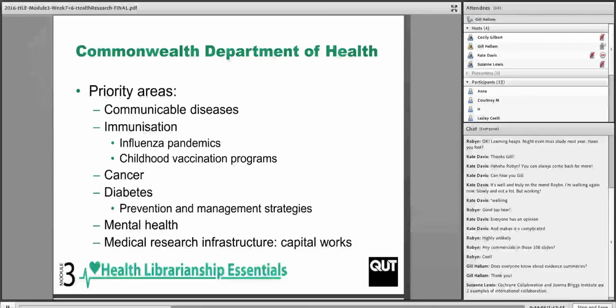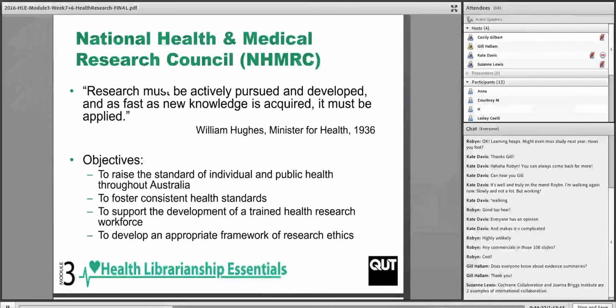And then also there's been quite a lot of funding going into medical research infrastructure, so actual capital works, because to undertake high quality research you need the right research environment, and that involves buildings and labs and various things that are going to be of the quality where that research can take place, and that all requires investment in its own right.